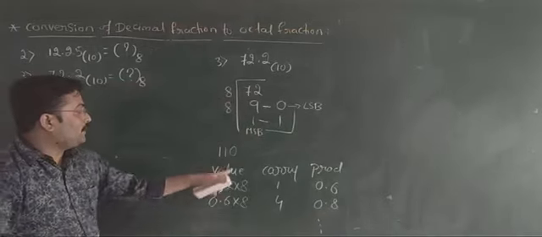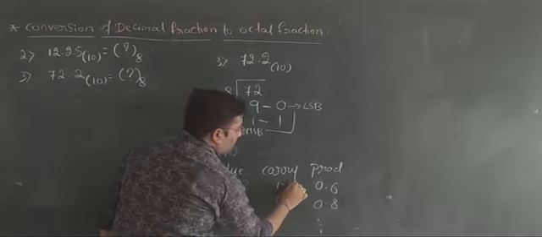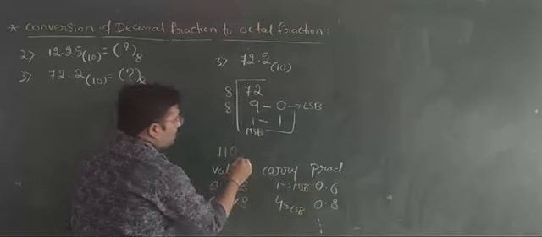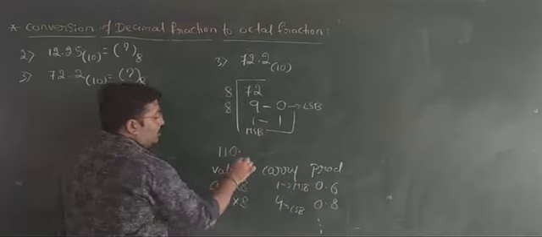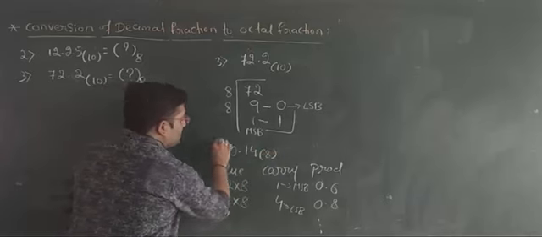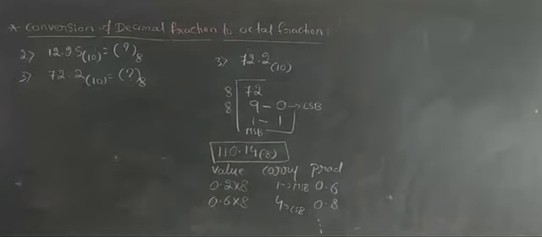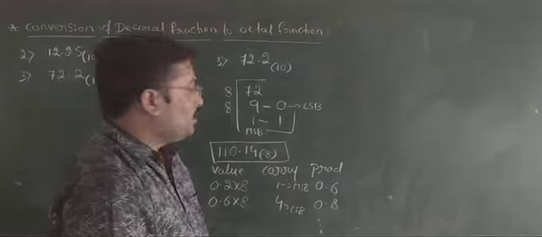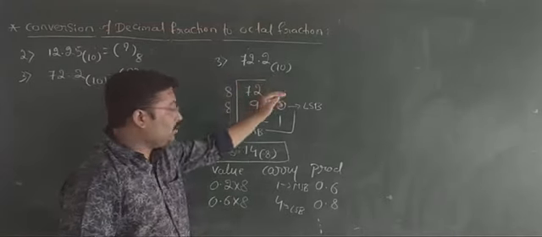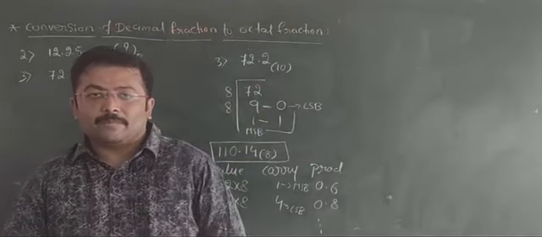After the decimal point I need only 2 digits, so that is enough. I take the first carry as MSB and the last as LSB, so 0.14 to the base 8. This is my octal number of 72.2 to the base 10. So I converted 72.2 to the base 10 to the octal number, that is 110.14 to the base 8.